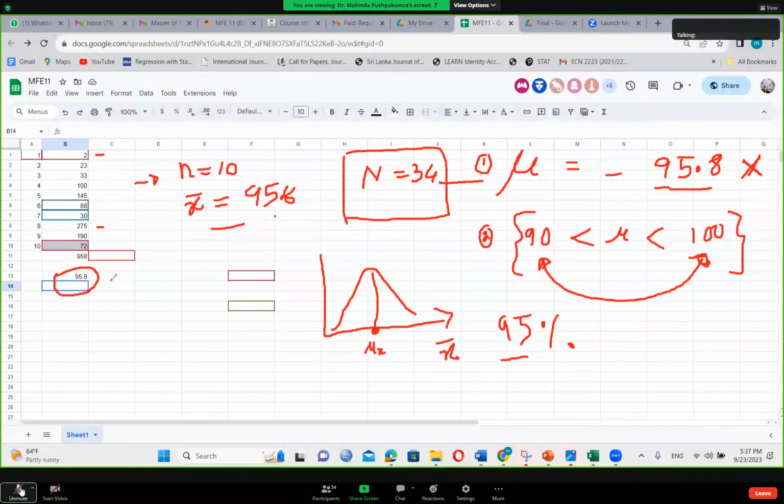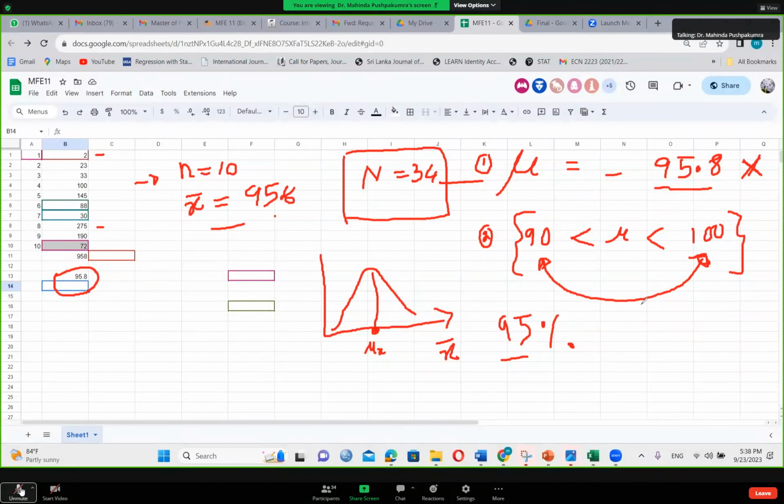You select a sample to make a conclusion related to the population. Then if you want to make a conclusion related to population, definitely you have to use confidence interval estimation. Without confidence interval estimation or hypothesis testing, you can't make any conclusion related to your population.